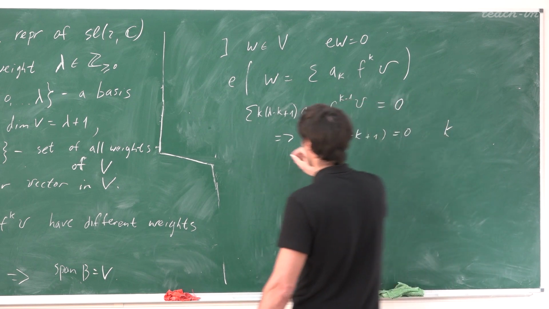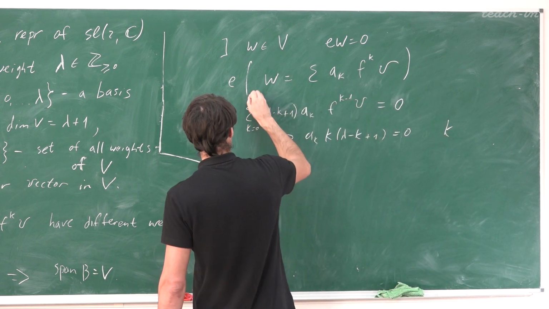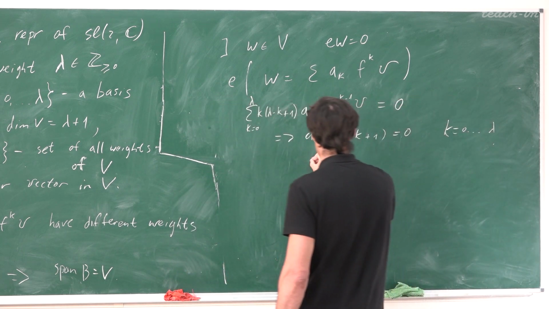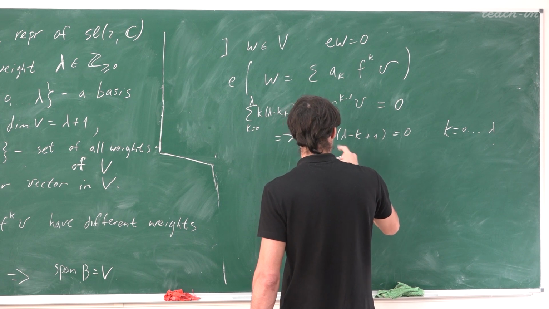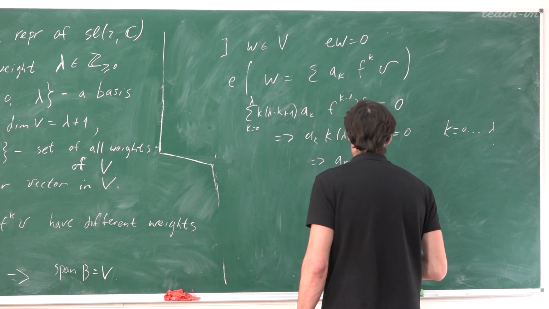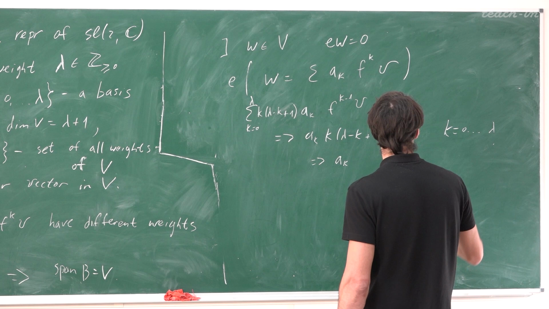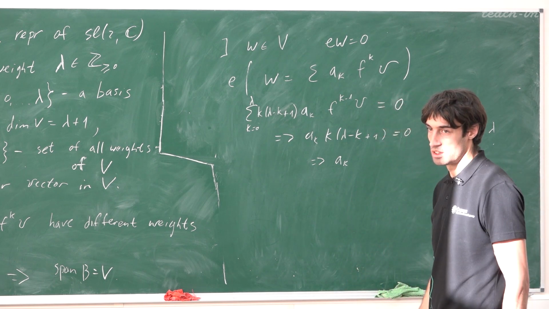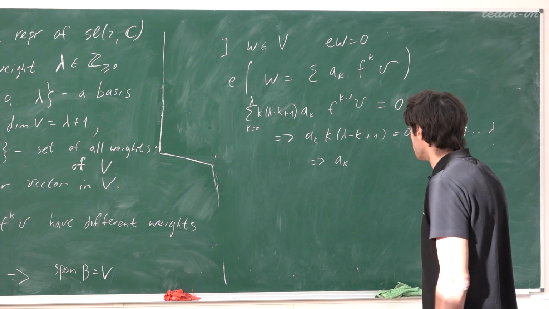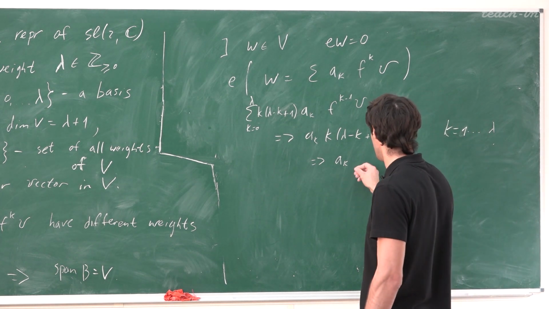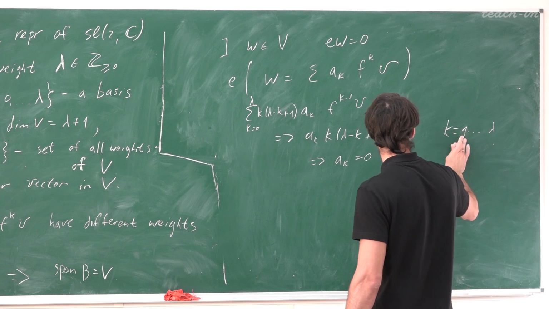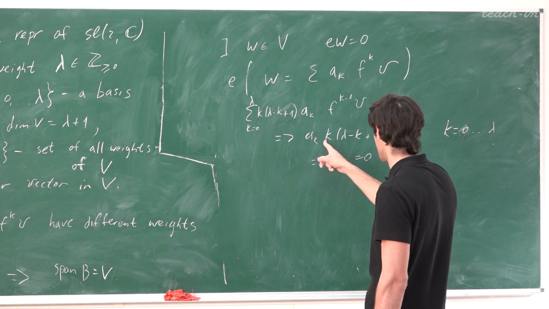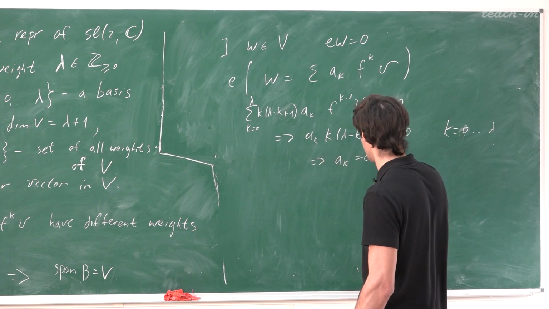But k here runs from what? From 0 to lambda. So therefore a_k is 0. Of course, this is true if we start with 0, but if I start with 1, this factor is not 0.